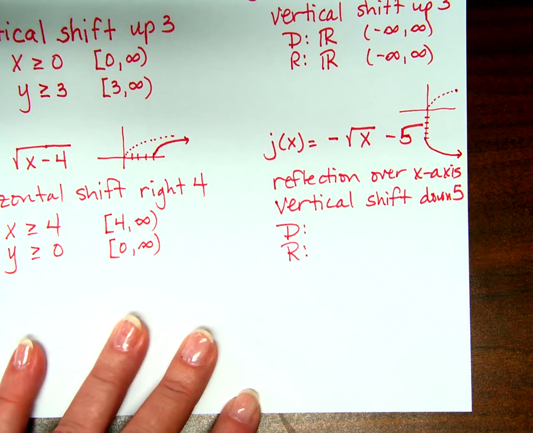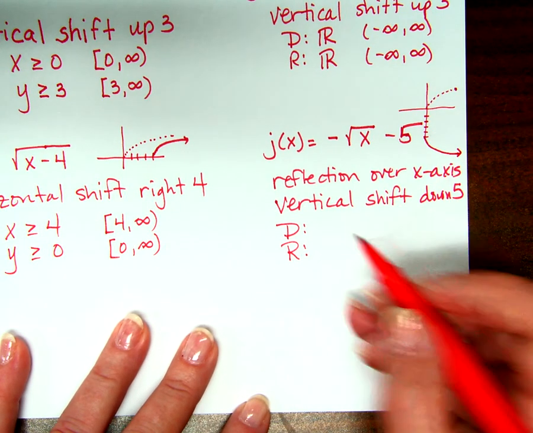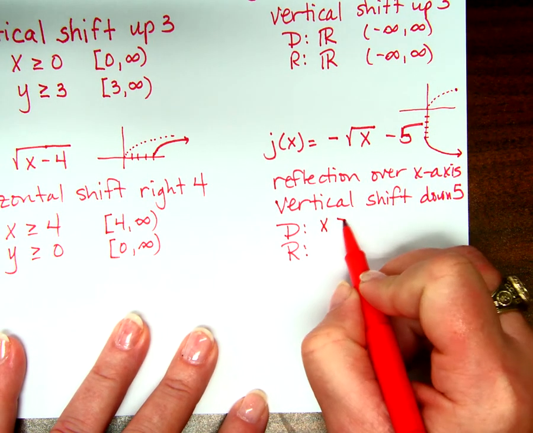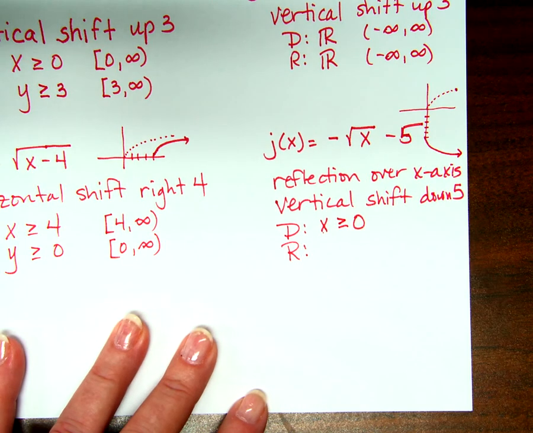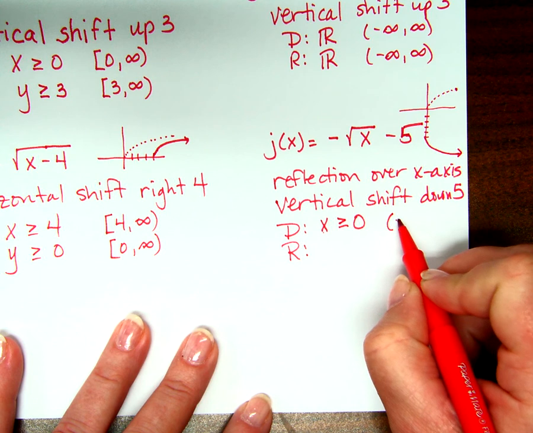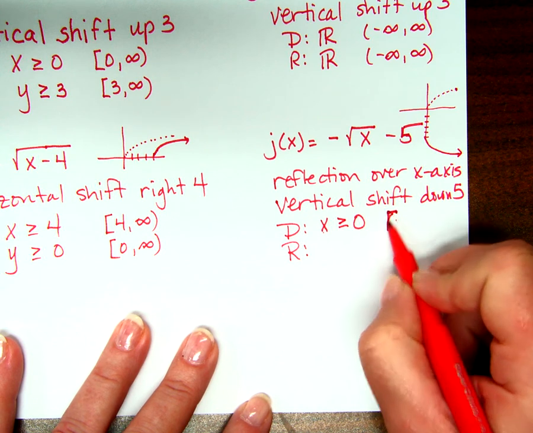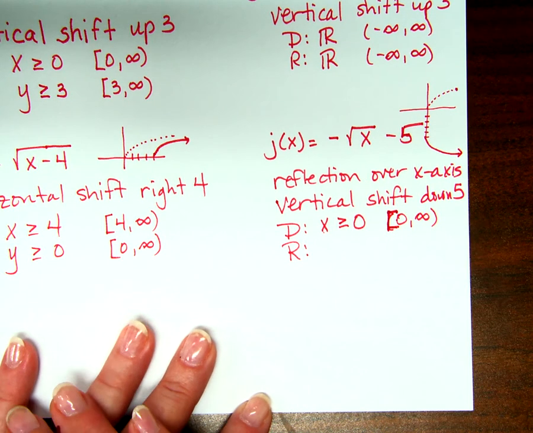So what's the domain? How far left does it go? To 0. How far right does it go? So x is greater than or equal to 0, right? If all I did was move it up and down, the domain does not change, does it? Whoops. Sorry. That's a bracket. Now what about the range?